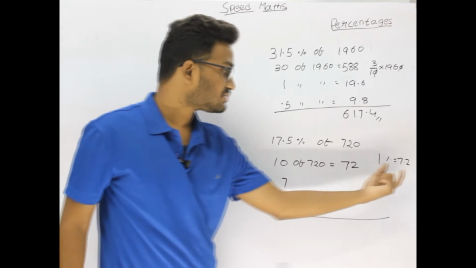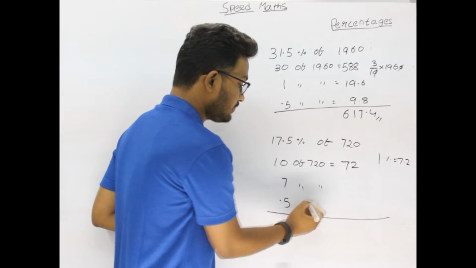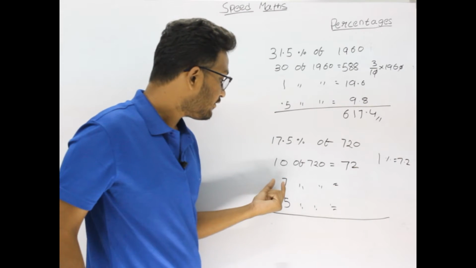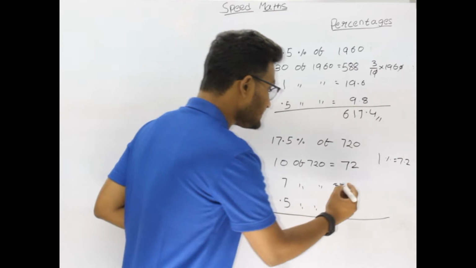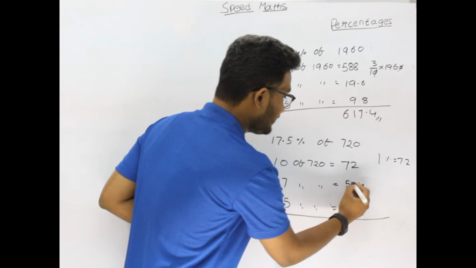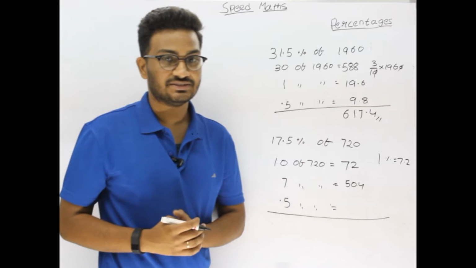So if we multiply this value 7.2 with 7, we get 7% of 720. So when we multiply this 7.2 with 7, we get the answer as 50.4.